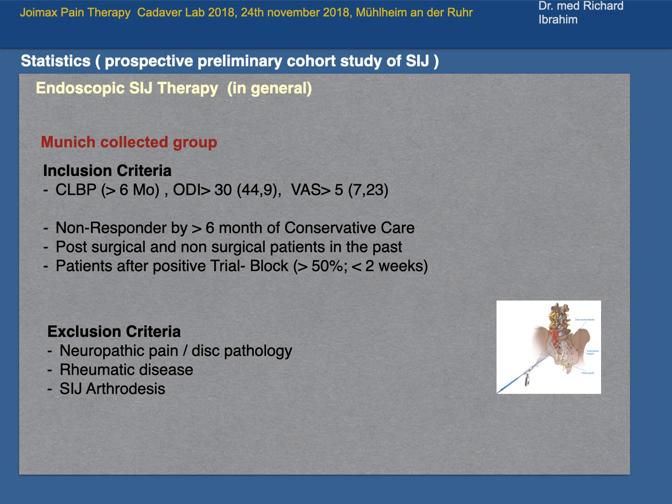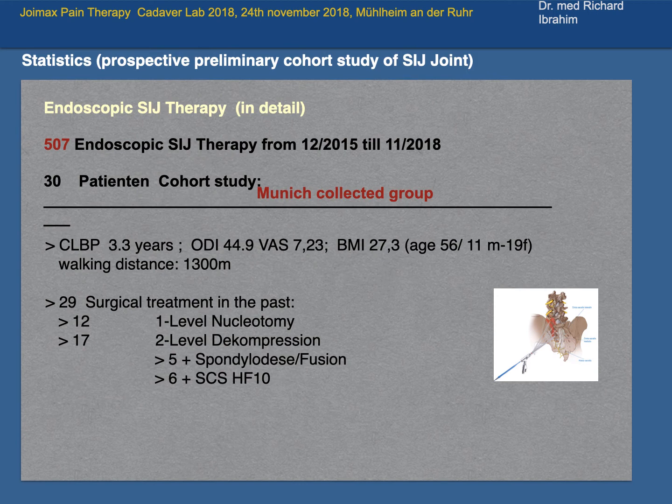We, of course, had done MRI before, and the clinical exam showed clear positive provocation tests, but there were no patients with rheumatic disease or neuropathic pain, and no patient having had a surgery such as an SI joint fusion before. This was in 2018. By now we have done more than 1,000 cases, but these were the first interesting studies with these patients.